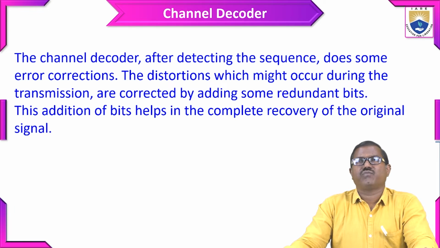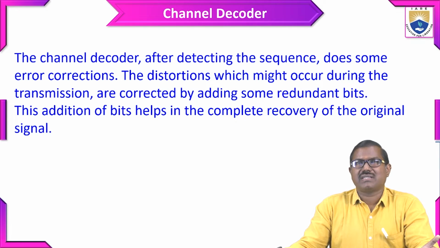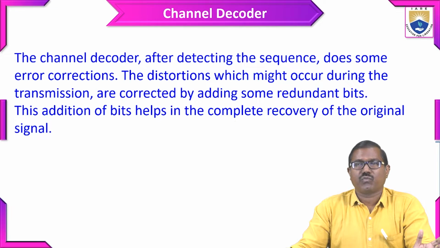And another is the channel decoder. The channel decoder, while detecting the sequence, does some error correction. The distortions which might occur during transmission are corrected using the added random bits. This addition of bits helps in the complete recovery of the original signal. So whatever parity bits are there are removed here.